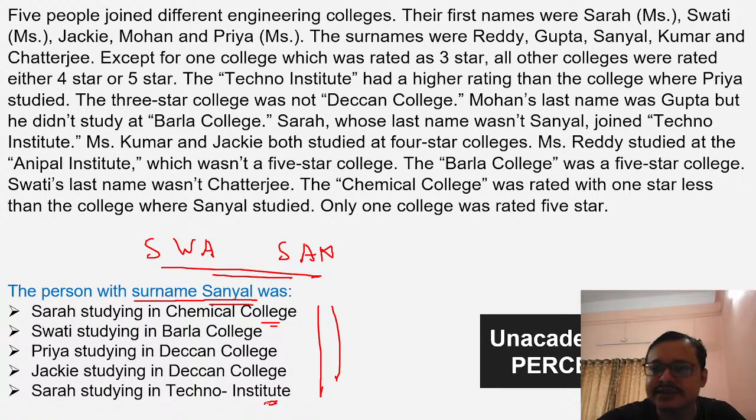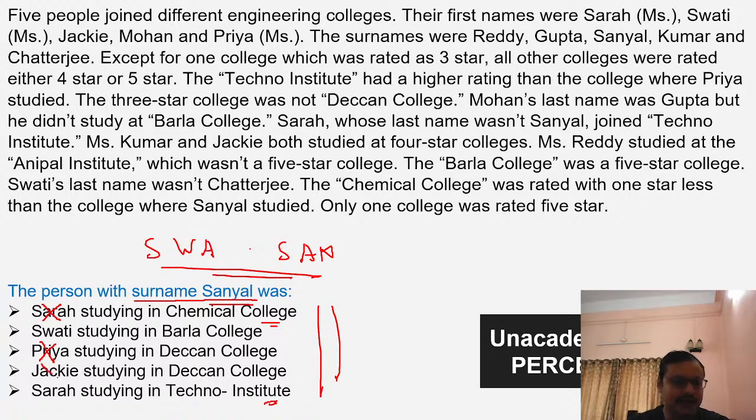So which options can we eliminate? The moment you get Swati Sanyal, eliminate the one which says Sara.